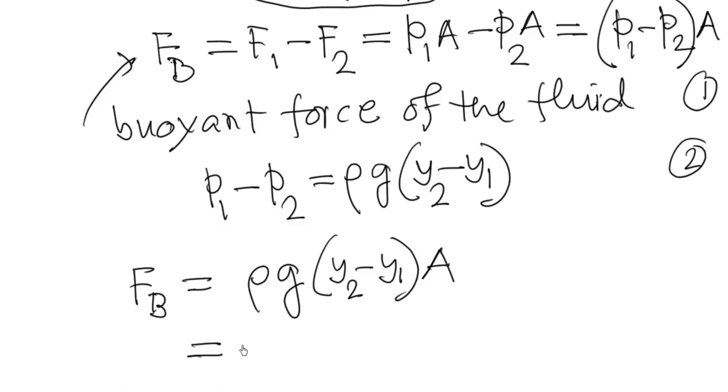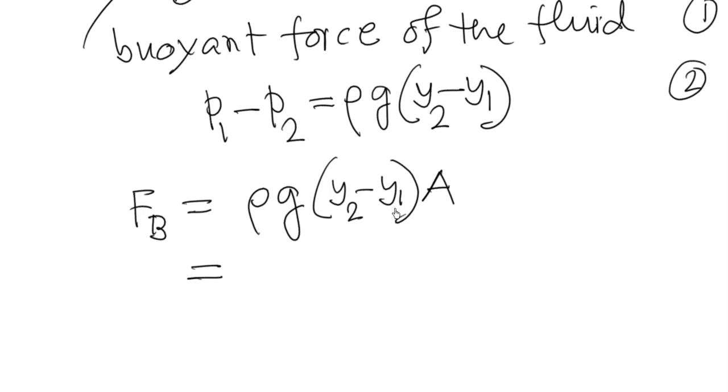But this product is the height of the block and the area of cross section, so it is the volume of the block.